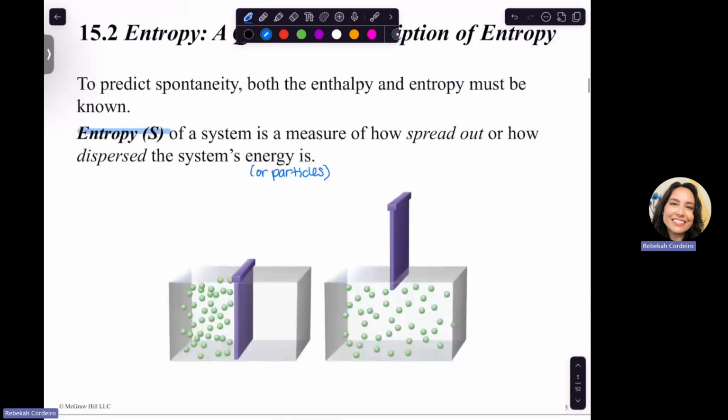And so when we're thinking about entropy, entropy is a measure of all the different ways energy, and then we can also think about it in terms of particles, can be arranged.